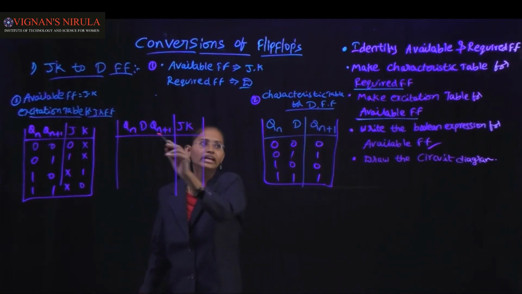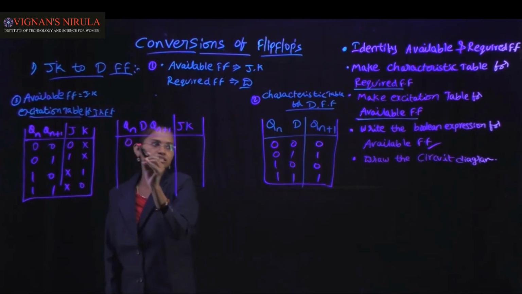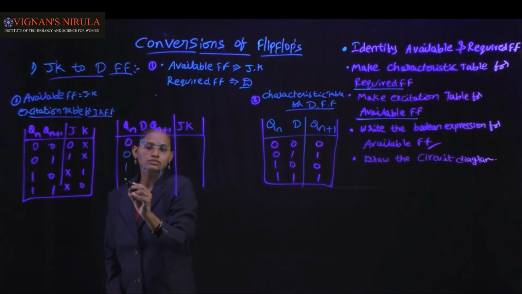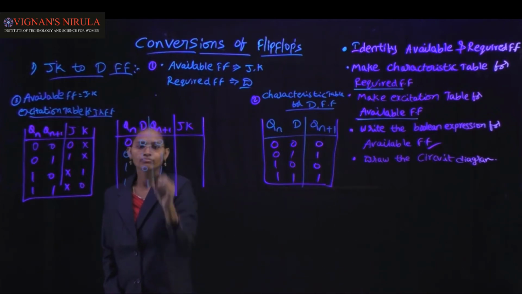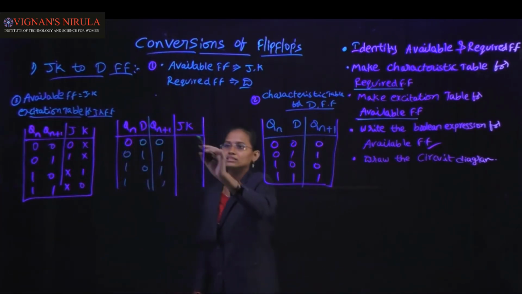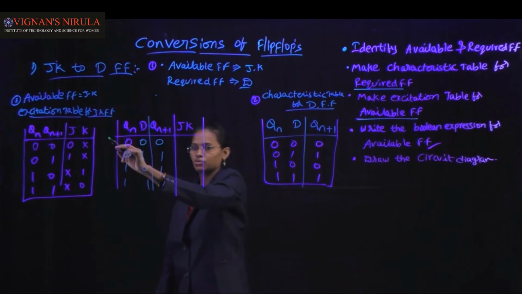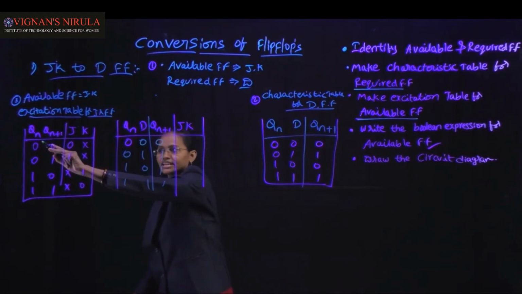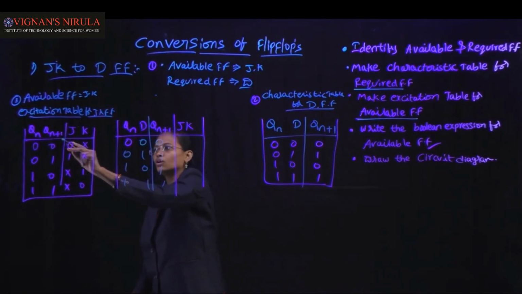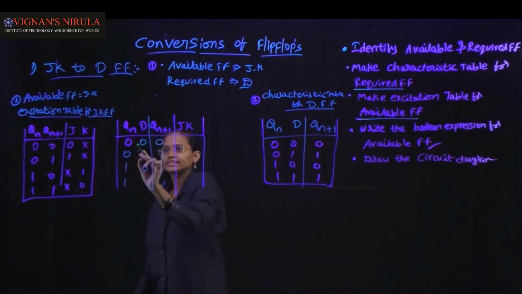Okay, Qn, D and Qn plus 1. Here this is 0 0 0, 0 1 1, 1 0 0 and 1 1 1. Okay, by using JK excitation table, here Qn is a present state, Qn plus 1 is the next state. Present state is 0 and next state is 0. Both are zeros.